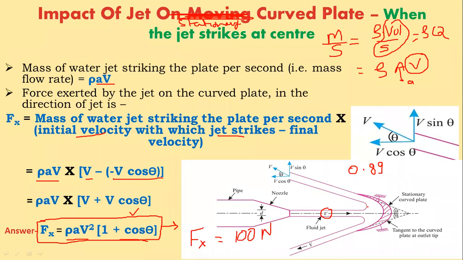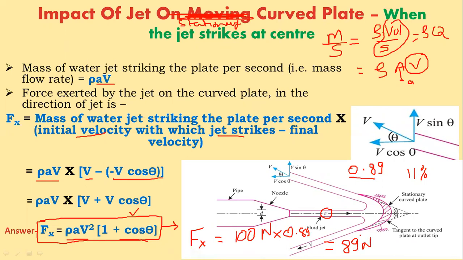That is similar to the coefficient of discharge. That means the loss of energy taking place is 11%. How? 89% energy is being retained, but 11% energy is being lost. So the coefficient will be given as 0.89, and we will multiply this answer by 0.89 and get the correct force being exerted, that is 89 Newton.